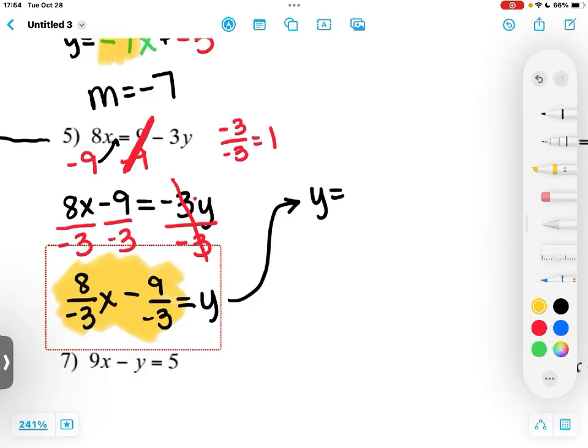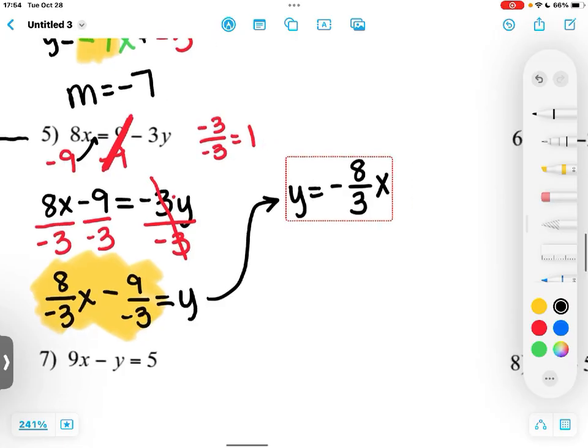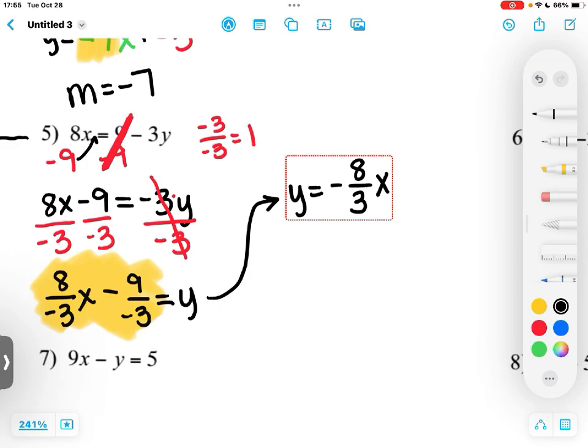So with this, 8 over negative 3. Well, this can be simplified, really not even simplified. I can just stick that negative out in front, keep my numerator as is, and put my denominator as a 3. From here, we're going to put it times x, and that would be my first initial part of the equation.